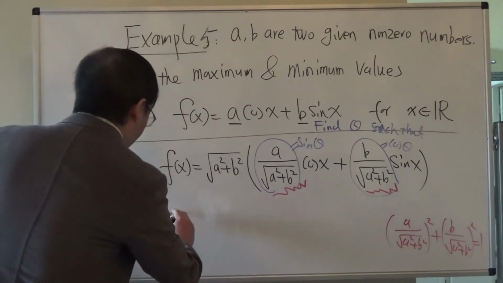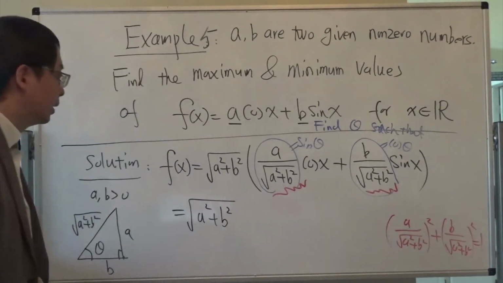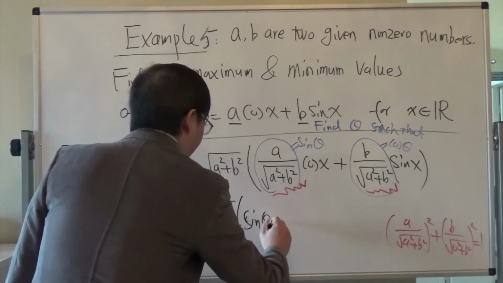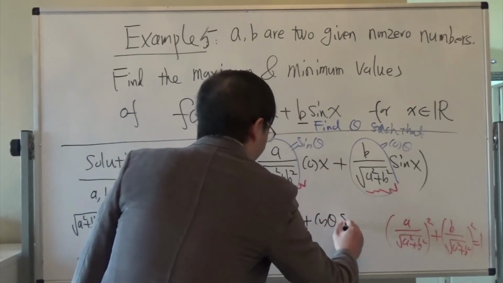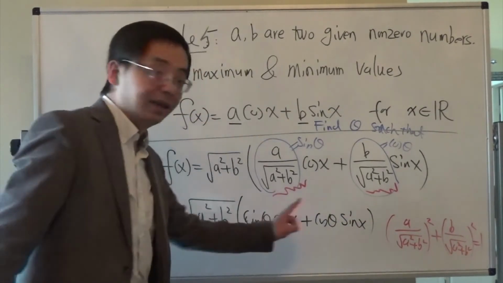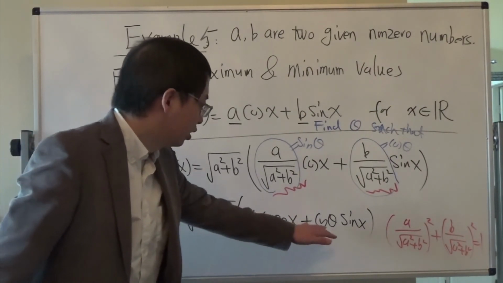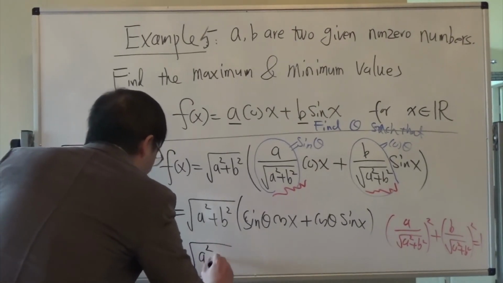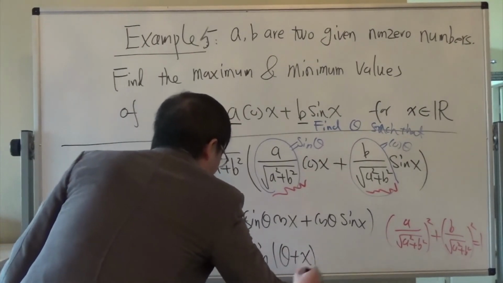And therefore this is in the form of sine theta times cosine x plus cosine theta times sine x. This is exactly the sum formula, sine cosine plus cosine sine, and this equals the square root of a squared plus b squared times sine(theta plus x).